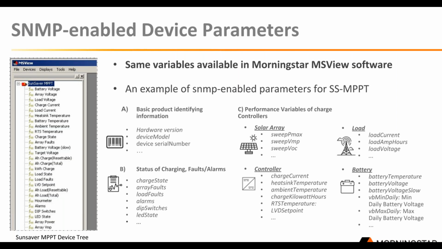We basically carried over all of the parameters that are available in MSView, which is really using MODBUS to pull all of those parameters. We replicated those with SNMP. So anything you can see in MSView, you should be able to see with SNMP. And again, for each of those parameters, if you look in your OID tables in that Excel spreadsheet and go to the SunSaver MPPT tab, you'll see the associated address and scaling for each of those parameters listed there. So that's the way that data is organized.